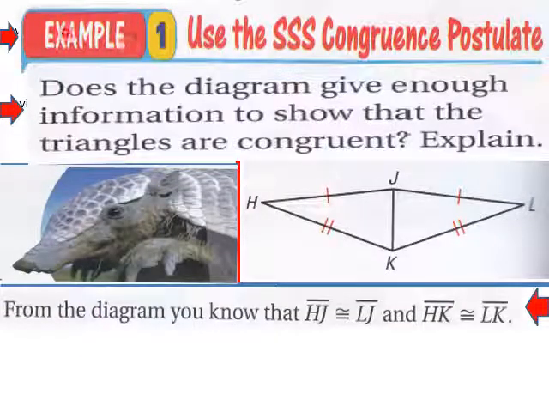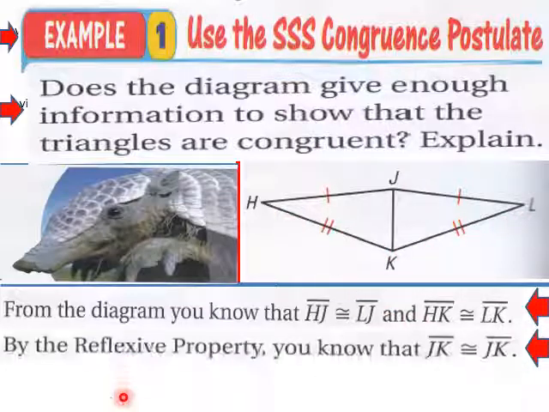Example 1, use side congruence postulate. Is enough information given to show that the triangles are congruent? Explain. From the diagram, you know that HG is congruent to LJ, so HJ is congruent to LJ, and HK is congruent to LK.